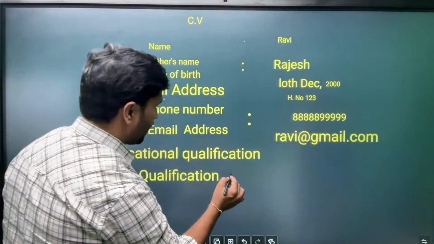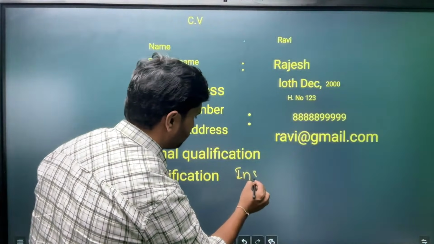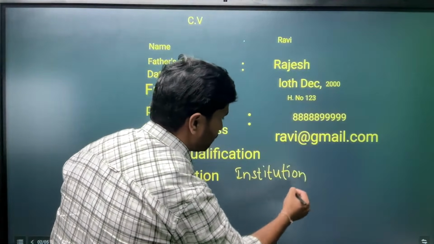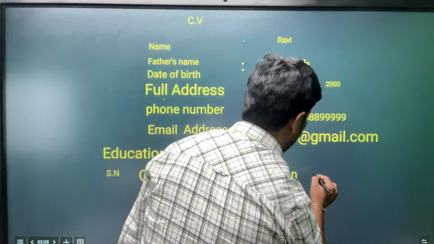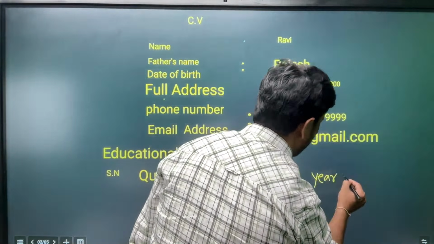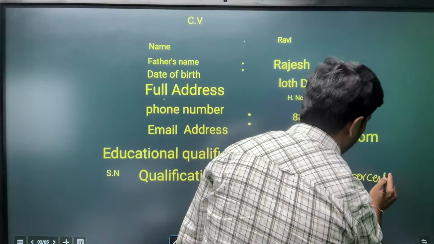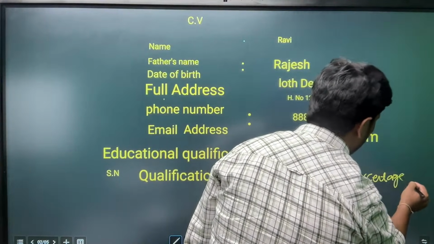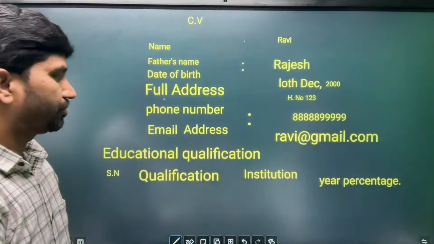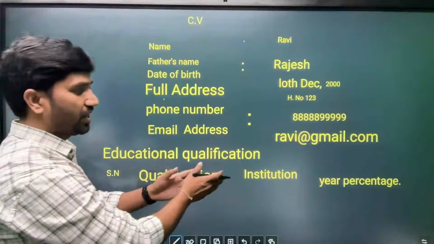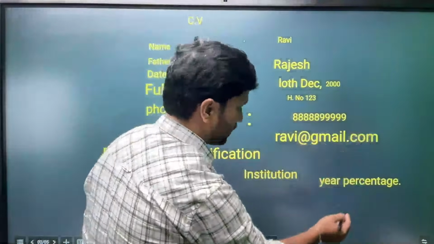The next one is institution. Next, year and percentage. These are the columns: serial number, qualification, institution, year and percentage.